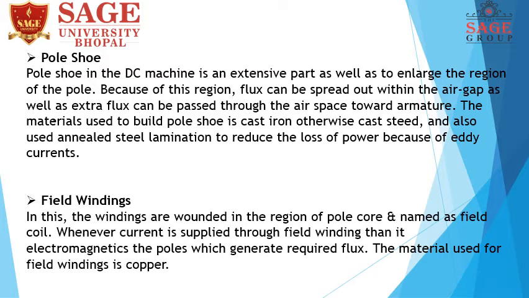The field winding is wound around the pole core. Whenever current is supplied through the field winding, the electromagnetic pole generates the required flux. The material used for the field winding is copper.